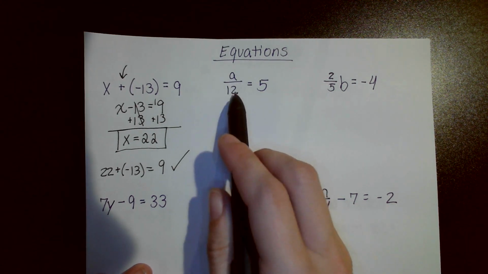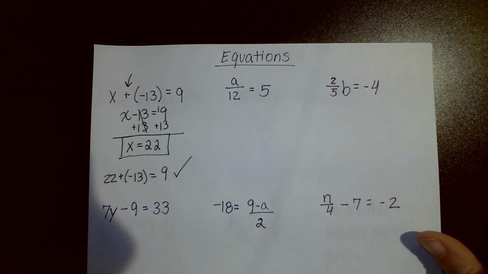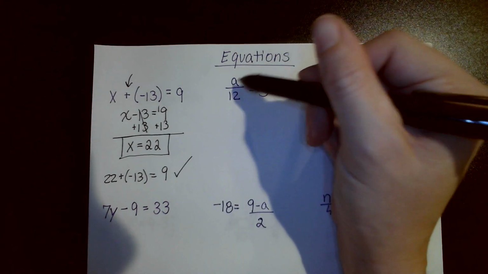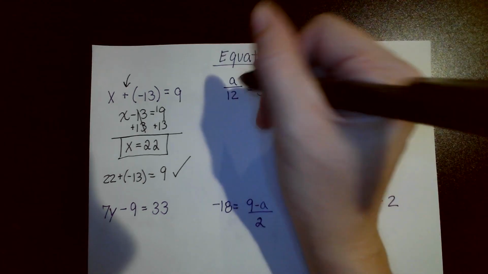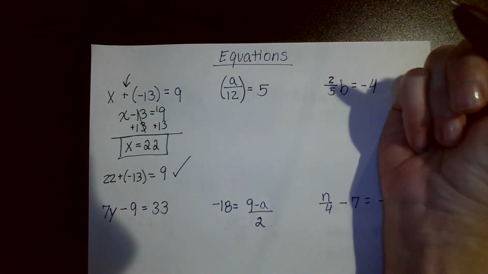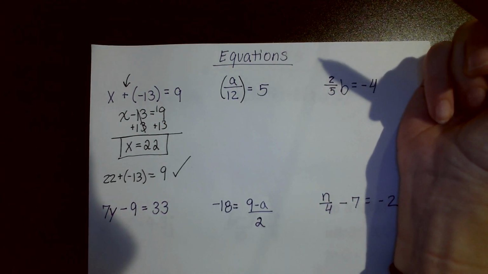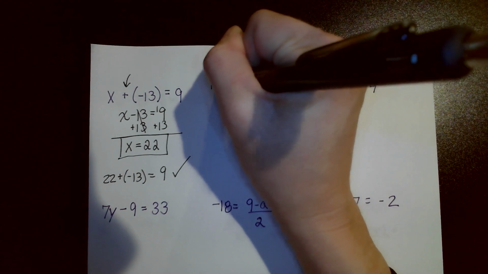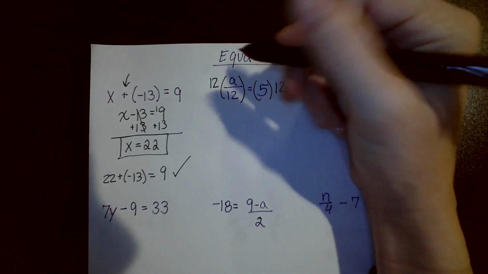Next up, a over 12 equals 5. If you ever get stuck, ask yourself first, what is the operation that is happening? Here, the operation that is happening is division. So our inverse is to multiply. Now, this is a divided by 12. So the reason I'm going to multiply by 12 is because that's my inverse operation.